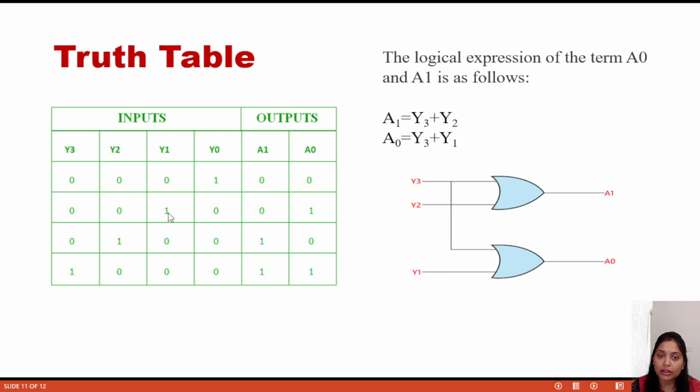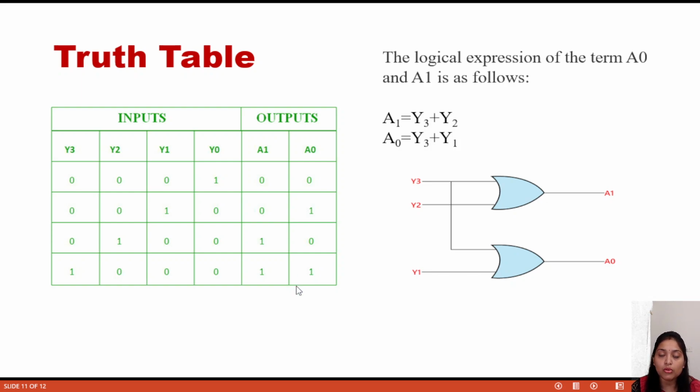When y1 information transfers to the output, then the output shows 0 1. When y2 information transfers to the output, then the output shows 1 0. And when y3 information transfers to the output, the 1 1 combination comes.